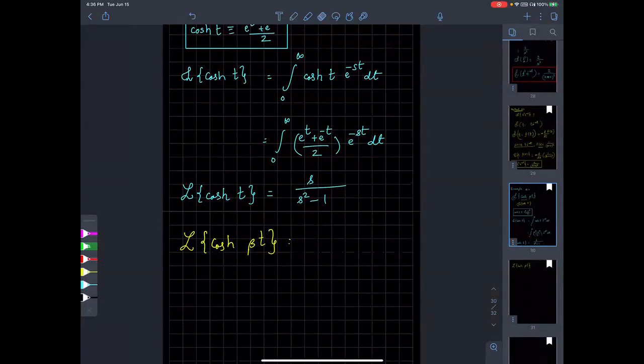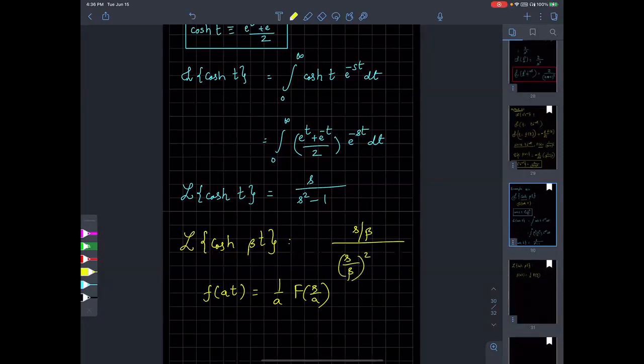Well, table 12.1 says the Laplace transform of f of at is 1 over a F of s over a. By that definition, this is s over beta divided by s over beta the whole squared minus 1, all of that multiplied by 1 over beta.